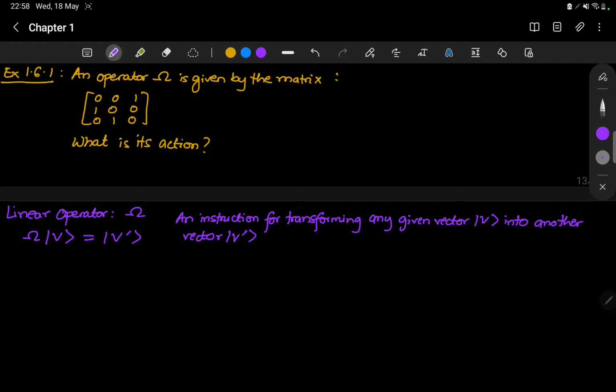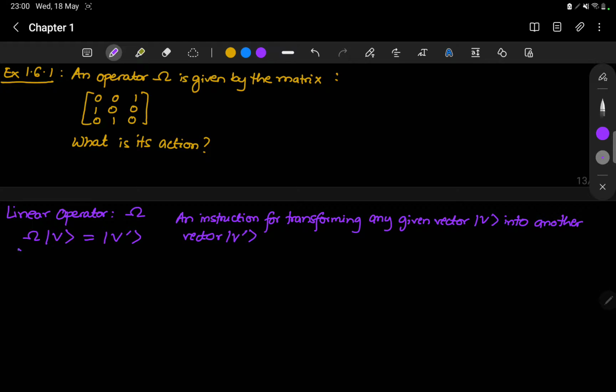Now, linear operators can be represented as matrices. So we do have the matrix representation of linear operators. In this given question, we have this operator omega, which is represented by this matrix.